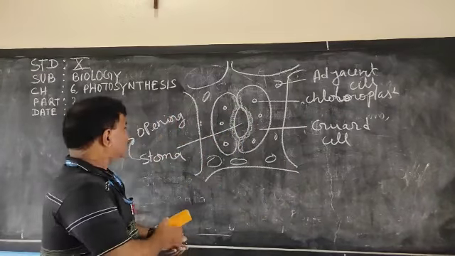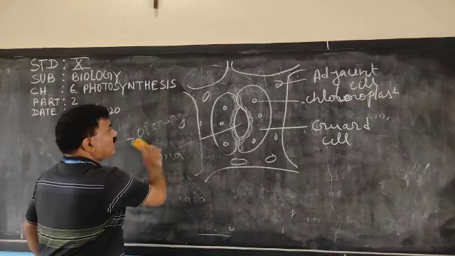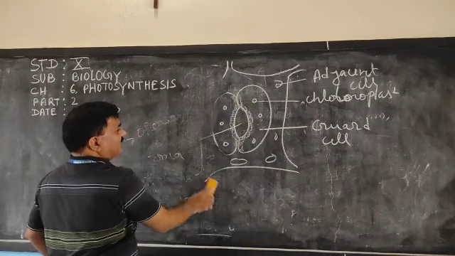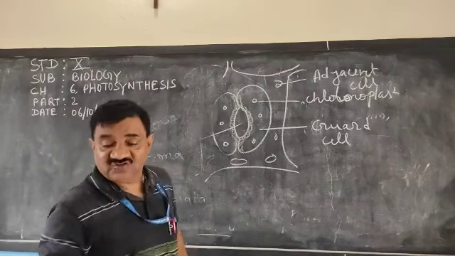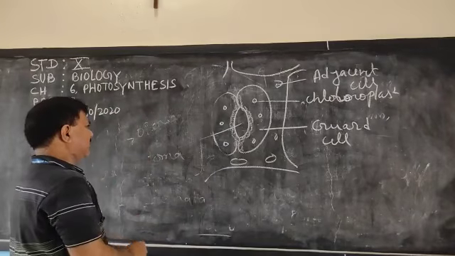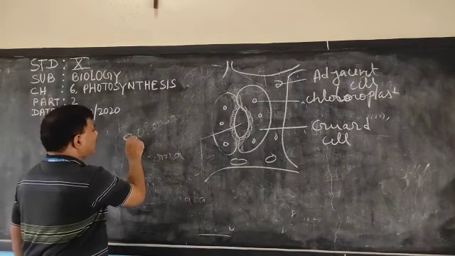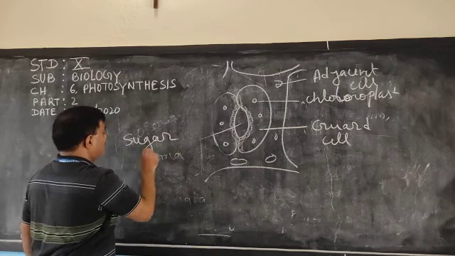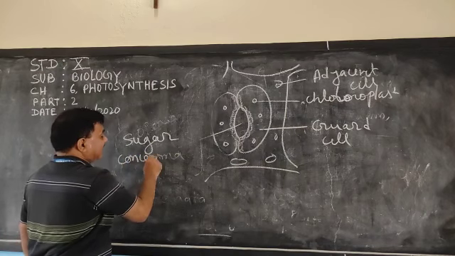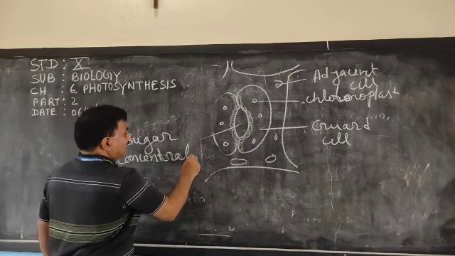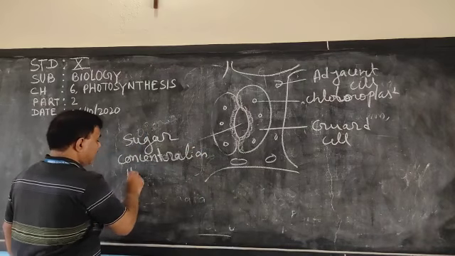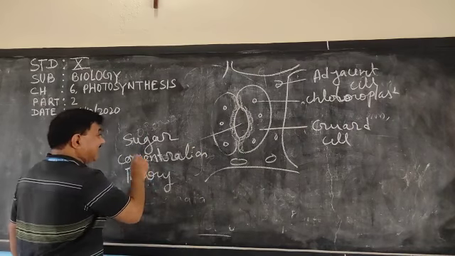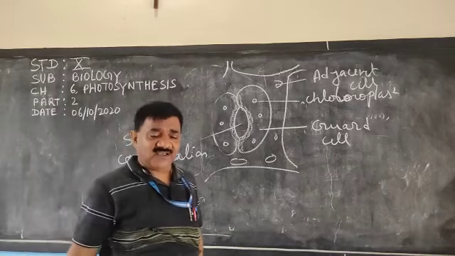Now, two theories related to opening and closing of stomata. Those two theories are: one, an old theory, the sugar concentration theory. Dear children, what is there in the sugar concentration theory?